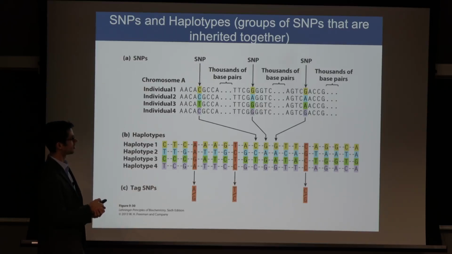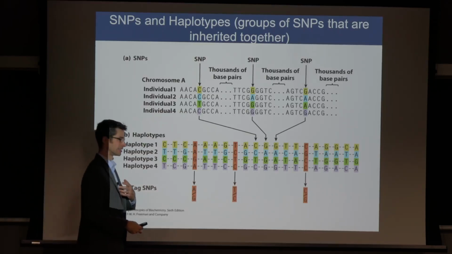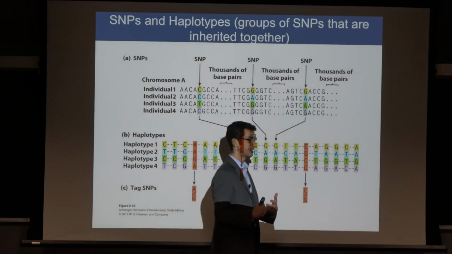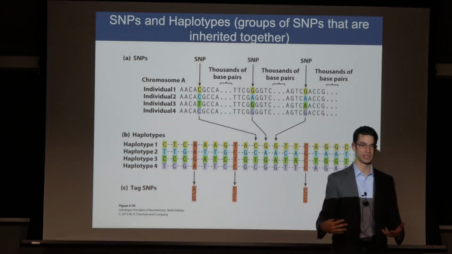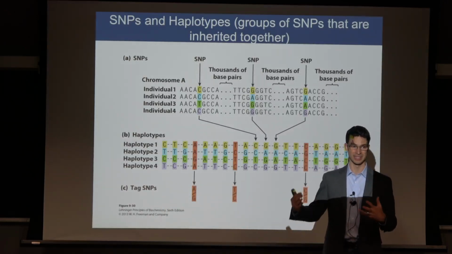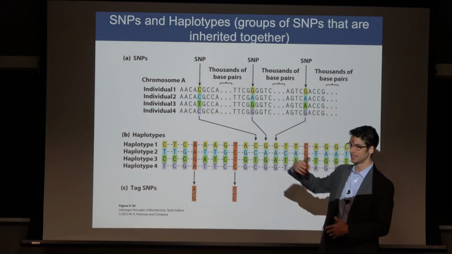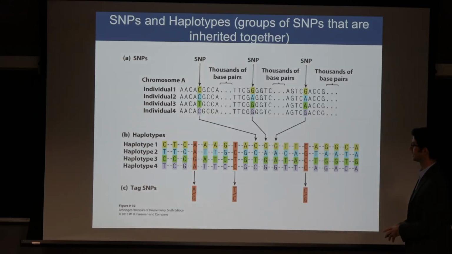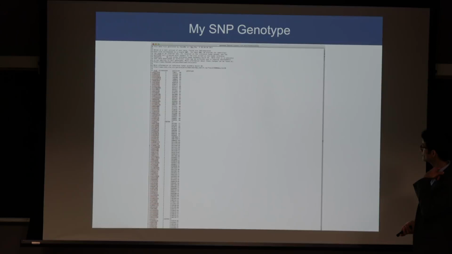So if you take all the SNPs and you add them together, you get something called a haplotype. And it turns out that haplotypes tend to be inherited together, which makes sense because they're close on the same chromosome, and probability is that they'll be inherited together.